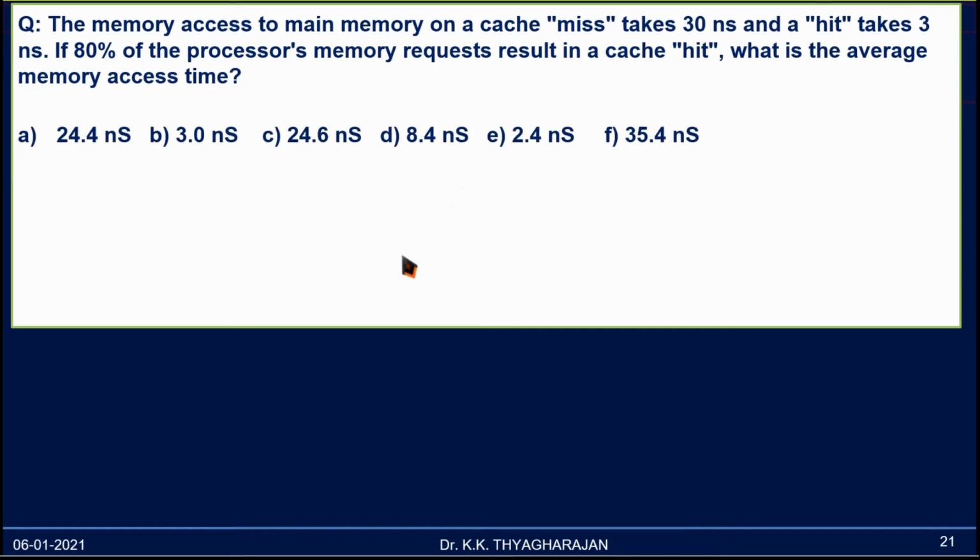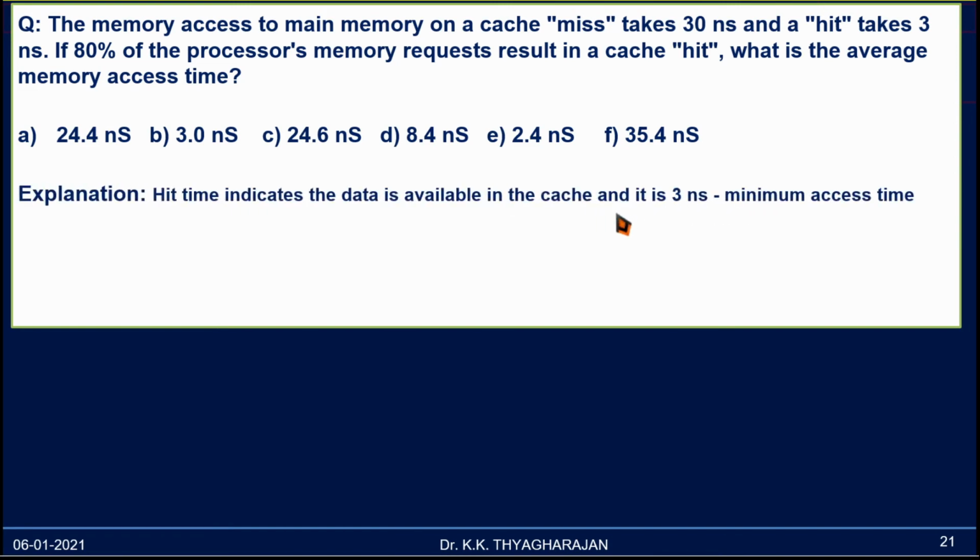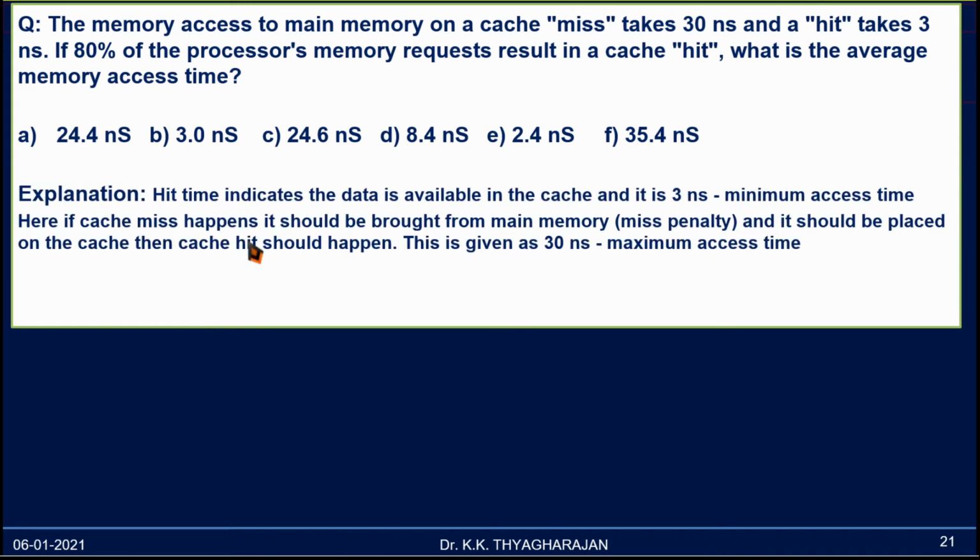In this case, you should understand that cache miss is also happening. In that case, the data should be brought from the main memory. So when a hit happens, the data is available in the cache and it is brought from the cache to the CPU. So it takes minimum time. That time is given as 3 nanoseconds. If the data is not available in the cache, then it is a miss.